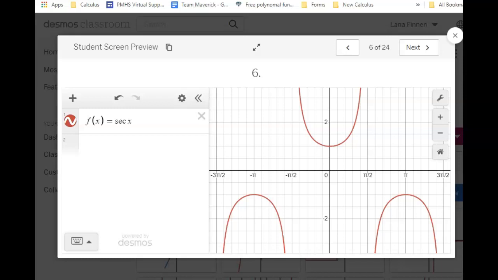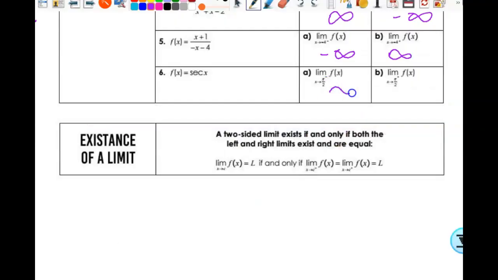I even changed this so it was in terms of pi's. So here's pi halves. Looks like an asymptote to me. As I approach pi halves from the left, what's my function approaching? Infinity. As I approach from the right, I'm approaching negative infinity. So see, you don't have to understand the graphs. Infinity and negative infinity. Okay, everybody okay with that?